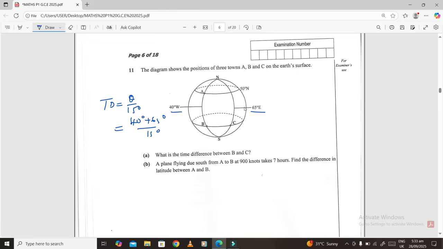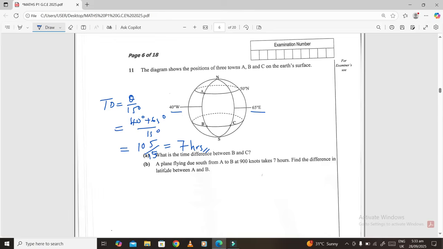This is east, this is west. When they are different, you always add, and when they are the same, you subtract. So since they are different there, we add. This is giving us 105 over 15 degrees. So we divide 105 by 15, of course it's giving us 7. So this is 7 hours.